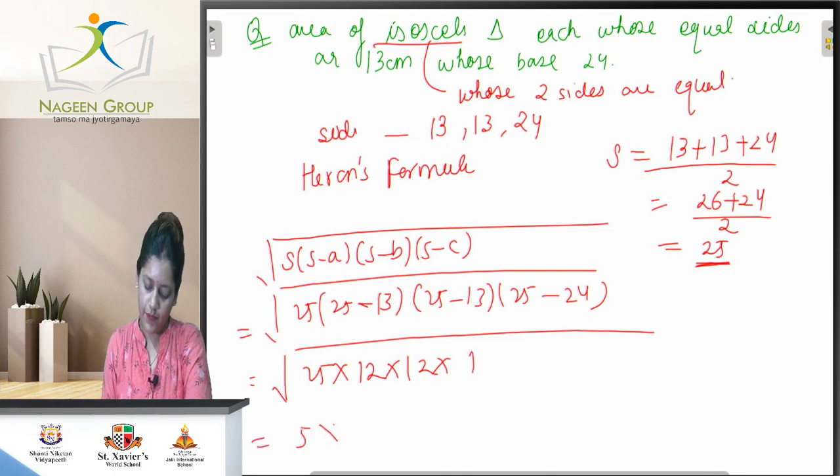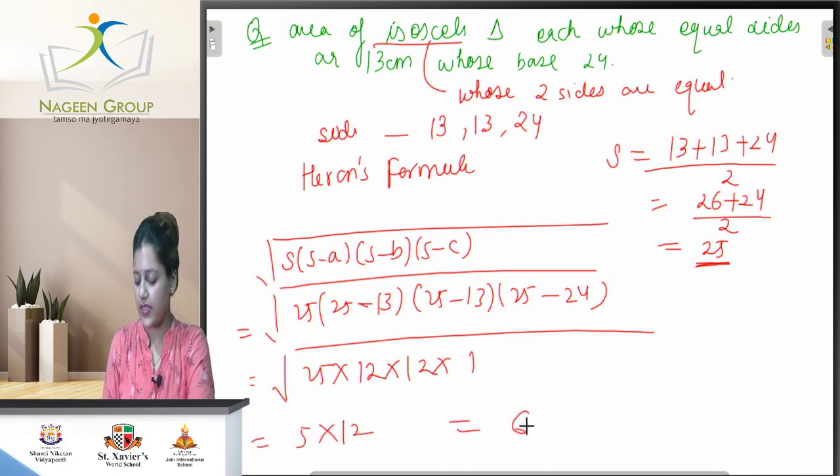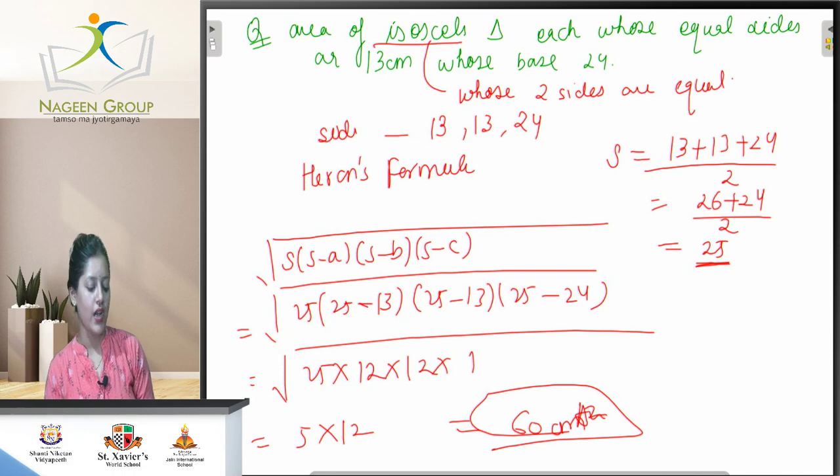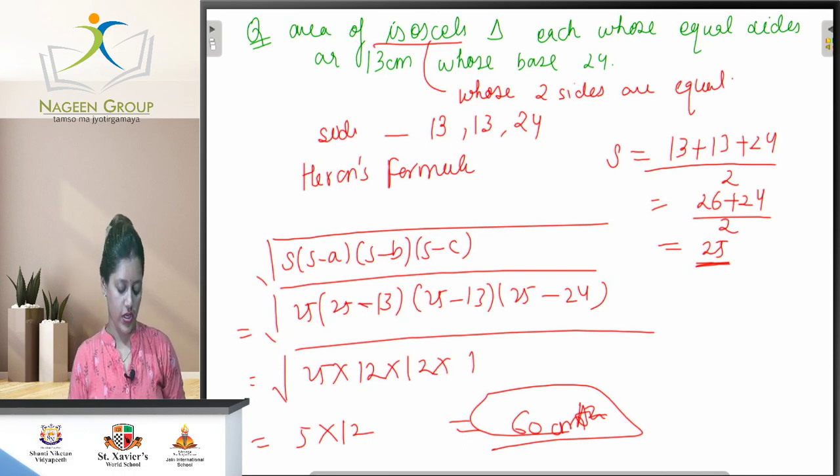So 5 into 12, 60 is the answer. 60 centimeter square is the answer of this question.